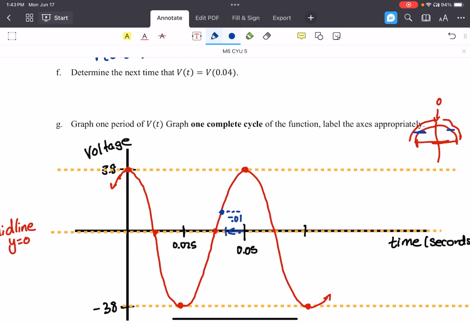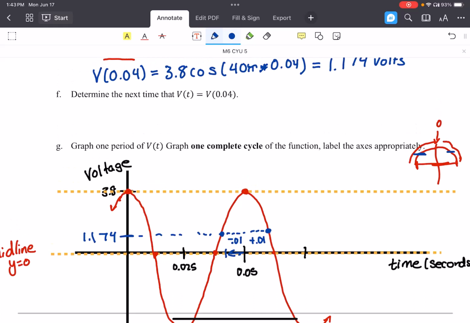And so you can think about it: we're going to have a matching point with the same output of 1.174, exactly the same distance away from the maximum, but it's going to be above the maximum. So it's going to be 0.01 above.